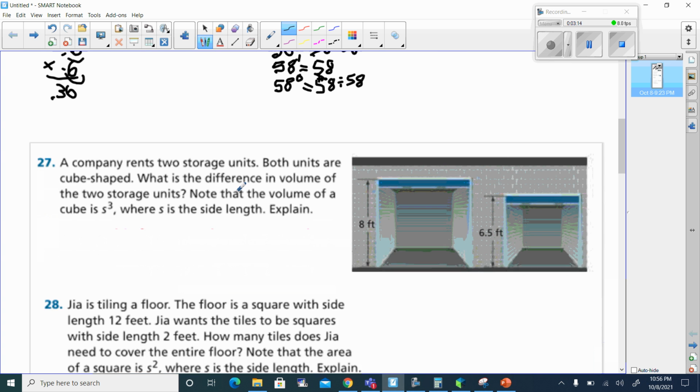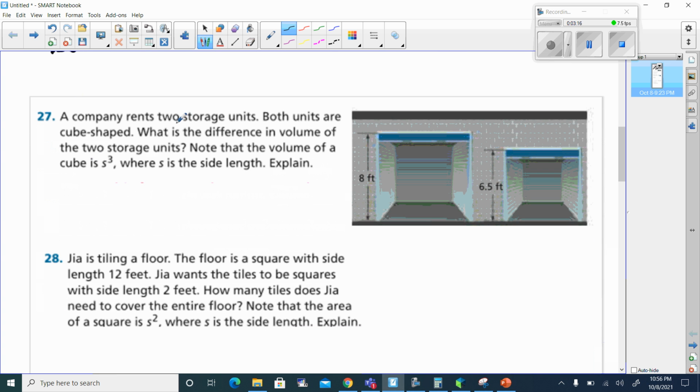All right. Number 27, a company rents 2 storage units. Both units are cube shaped. What is the difference in volume? Well, remember, volume is the height times the length times the width. So if it's a cube, remember, if this is 8 feet, then this is 8 feet. And that means this is also 8 feet from here to here, right?